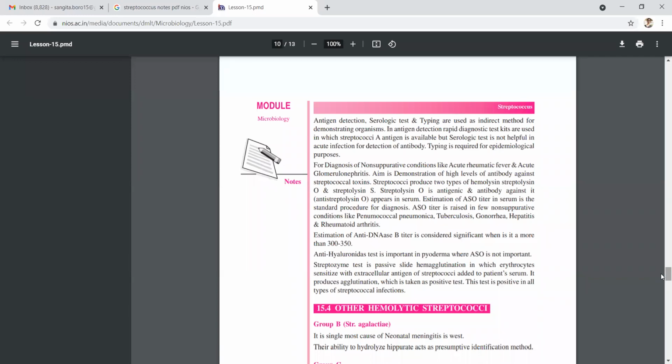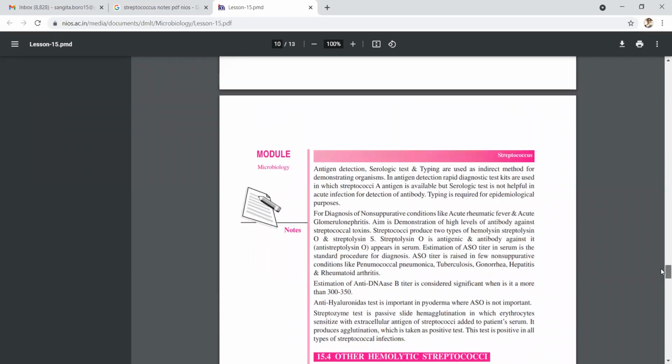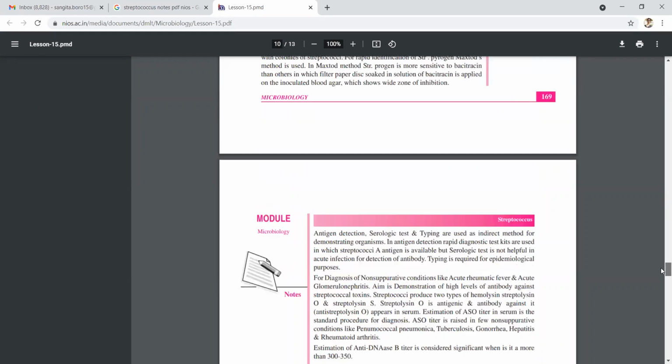For that, we do the ASO test, which determines the anti-streptolysin O. Other antigens can also be determined by using certain kits, which will help you identify the disease. So this is about Streptococcus pyogenes.